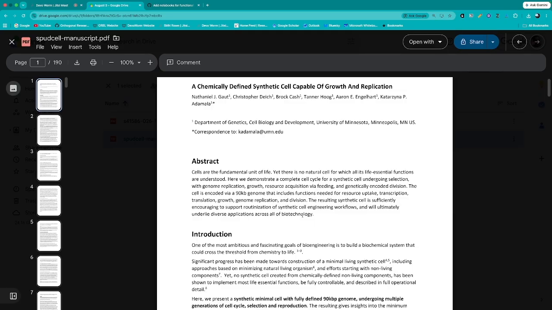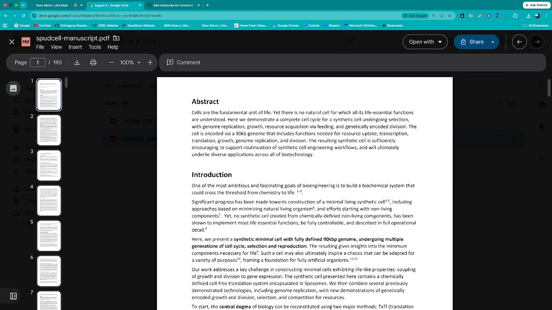Significant progress has been made toward construction of a minimal living synthetic cell, including approaches based on minimizing natural living organisms, and efforts starting with non-living components. Yet no synthetic cell created from chemically defined non-living components has been shown to implement most life-essential functions, be fully controllable, and be described in full operational detail.